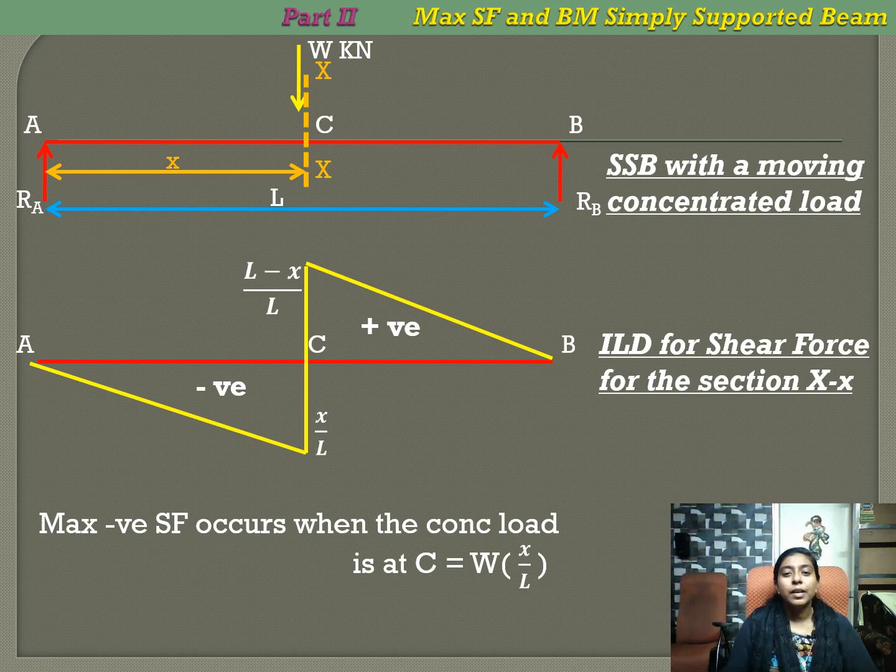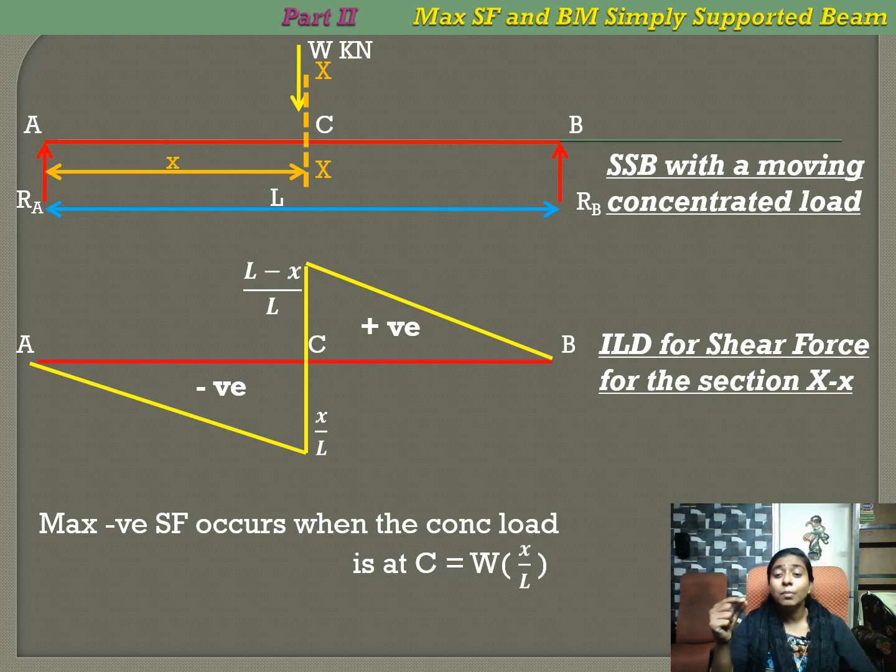The maximum negative shear force occurs when the concentrated load is at C. The reason is that the maximum negative ordinate in the influence line diagram for shear force is at C, and the maximum positive ordinate is also at C. We all know the shear force is the product of the magnitude of the load multiplied by the ordinate.